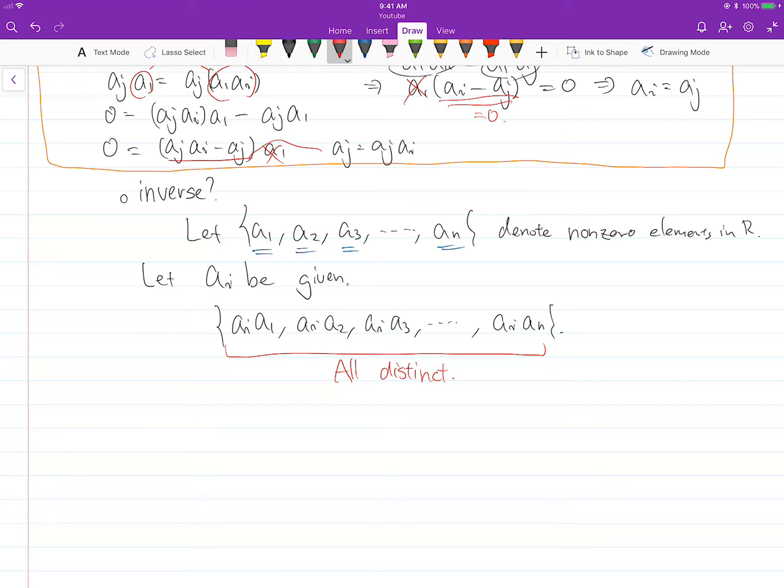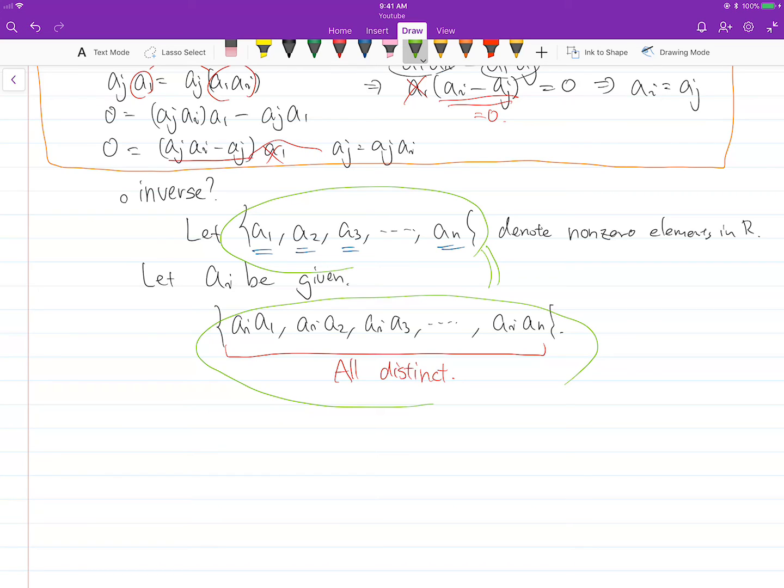Because R has no zero divisors, none of these elements is zero, so when you multiply, you still get non-zero elements. So again, we have two sets containing the exact same elements.